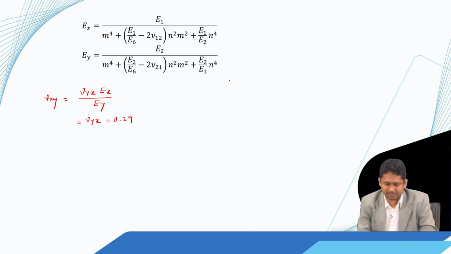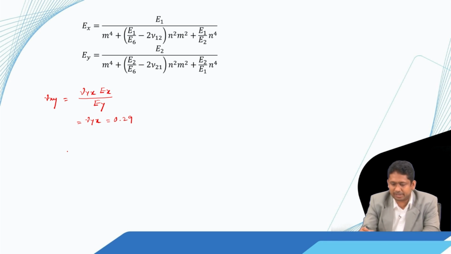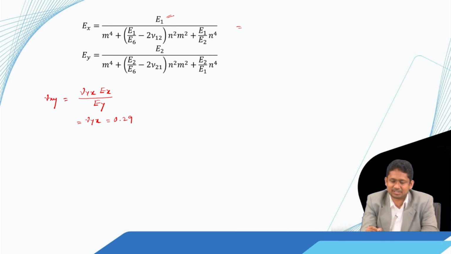For that, we can find E x from here, and in this expression E 1 is unknown to me, but these ratios are known to me.